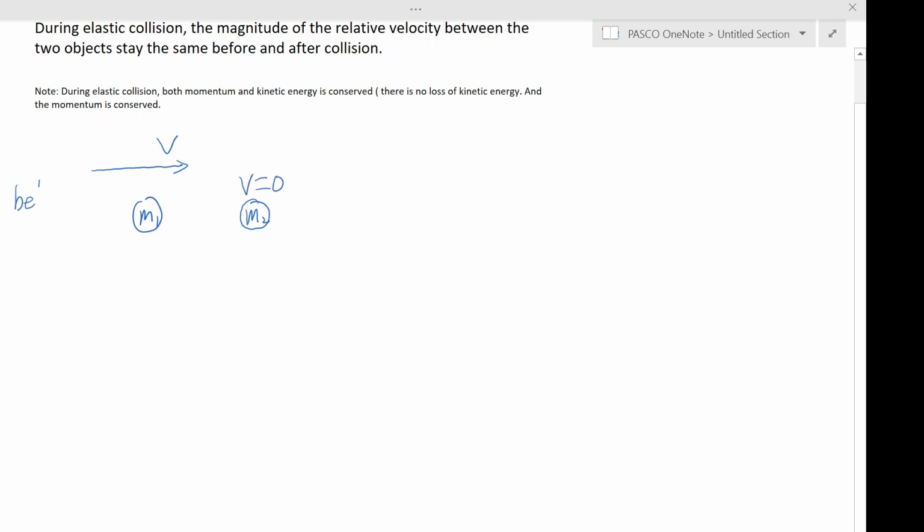So this is before the collision, and after the collision, m1's velocity changed to v1 and m2's velocity changed to v2. By the way, even though I'm drawing v1 to the right, it can be to the left. We're working with velocity here, which is a vector, has directions.